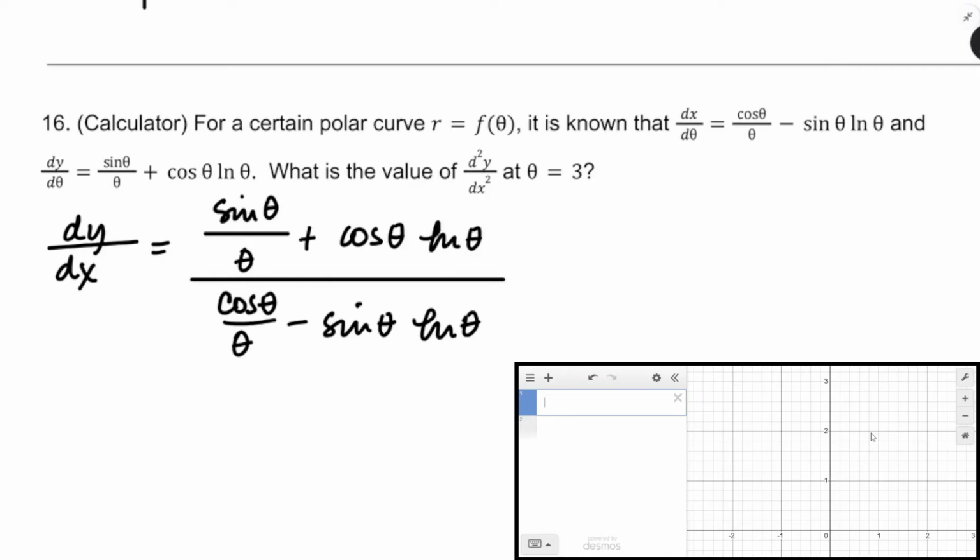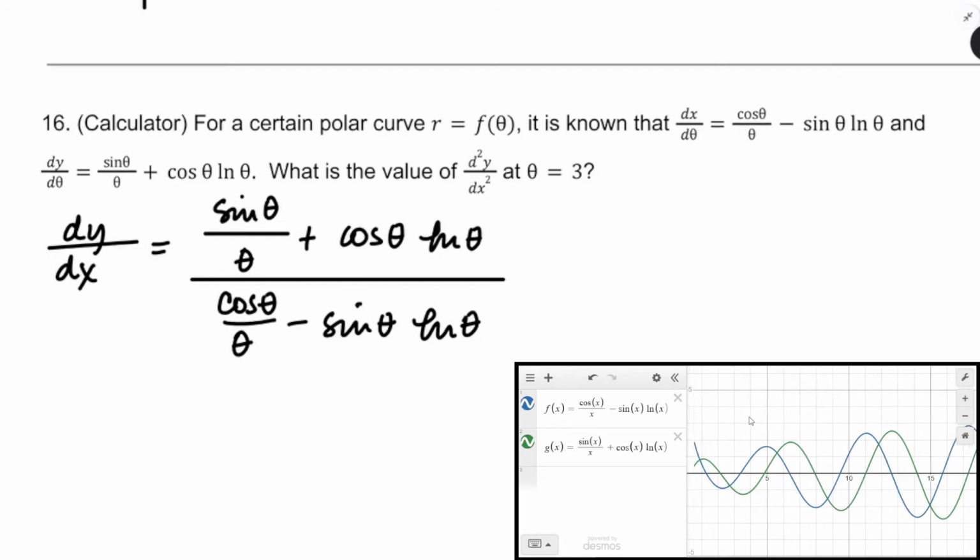Now, this would definitely be a multiple choice question if it was something we were going to be tested on. But I'm going to put dx d theta: cosine divided by x minus sine of x log x. Okay, cool. g of x is going to be dy d theta: sine of x divided by x plus cosine x log x.